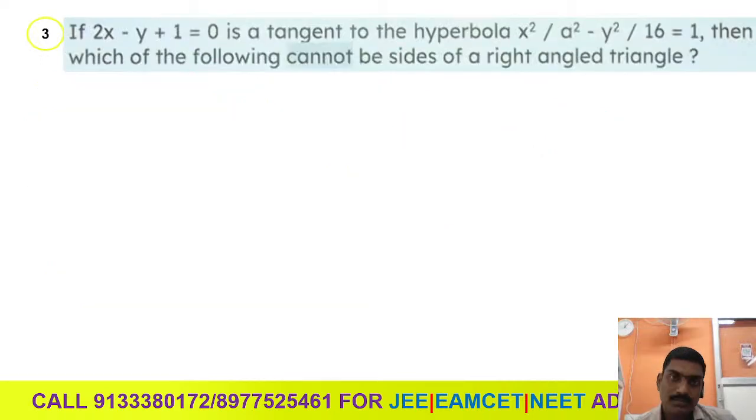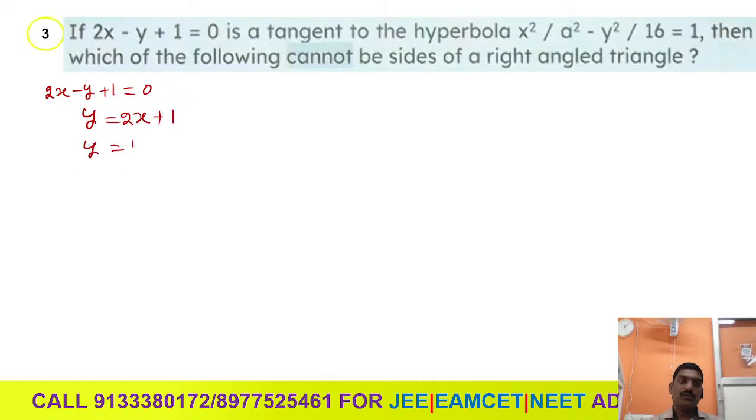Question number 3. What is question number 3 here? 2x minus y plus 1 equal to 0 is tangent to the hyperbola x square over a square minus y square over 16 equal to 1. Then which of the following cannot be the sides of a right angled triangle? Okay. So here what they have given, 2x minus y plus 1.